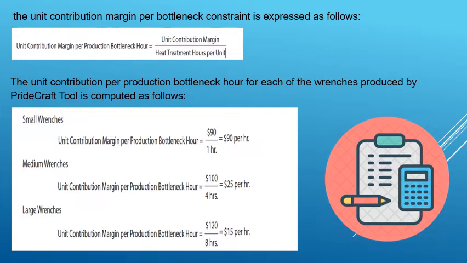In contrast, the large wrench has the largest contribution margin per unit of $120, but has the smallest unit contribution margin per production bottleneck hour, at $15 per hour. Thus, the small wrench is the most profitable product per production bottleneck hour and is the one that should be emphasized in the market.